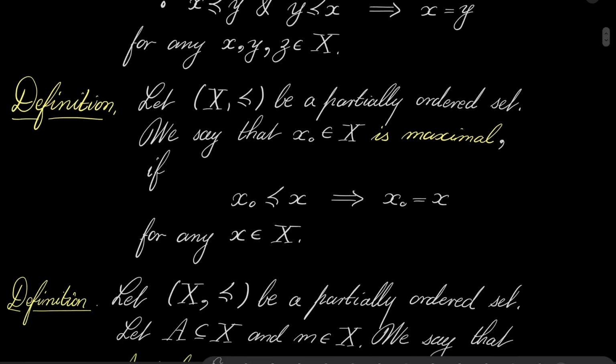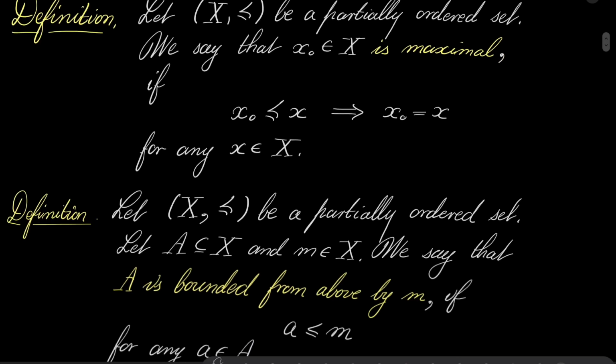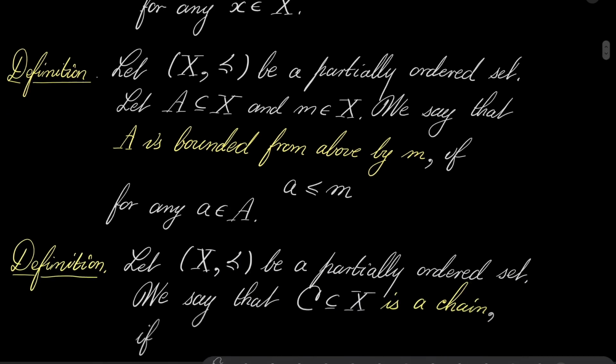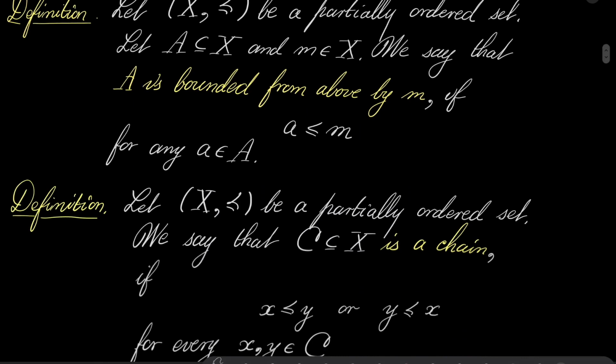Alright, next definition. Again, we have a partially ordered set. We say that some subset A is bounded from above by an element M if every element a of this set, capital A, is less than or equal to this element M. Pretty reasonable definition. Next definition. Again, we have a partially ordered set.